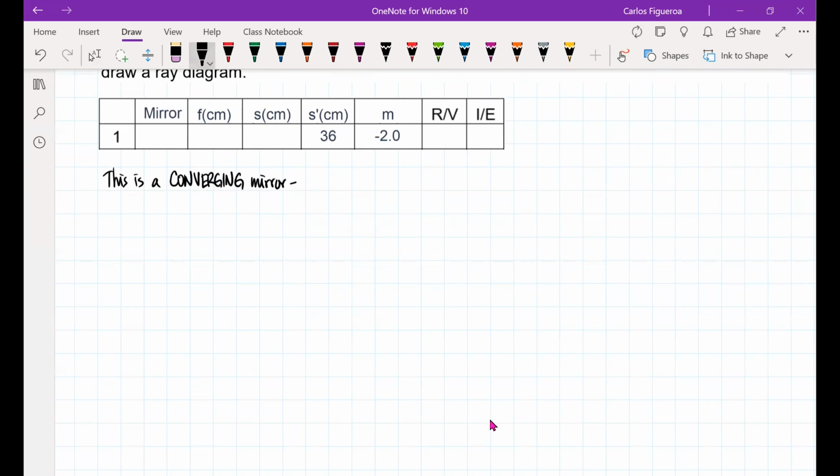And the question is, why do I say this is a converging mirror? The image location S prime 1, which is 36 centimeters, is positive. So that implies that if the image distance is positive, then it forms a real image.